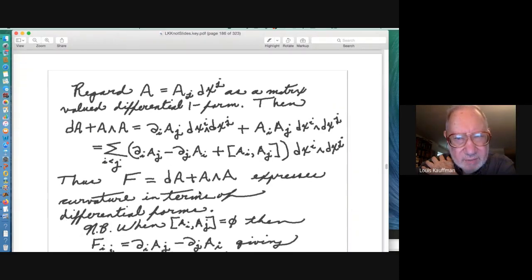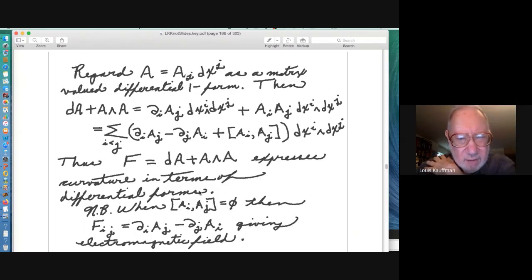And if you're thinking in terms of differential forms, then that formula comes out neatly like this, dA plus A wedge A, because in differential forms, dx^i dx^j is minus dx^j dx^i, and so you pack it up by summing over i less than j, and you get the differences, and so the commutator comes back in, and you get exactly that. So one can say concisely that the curvature is dA plus A wedge A, and that's the physical field.